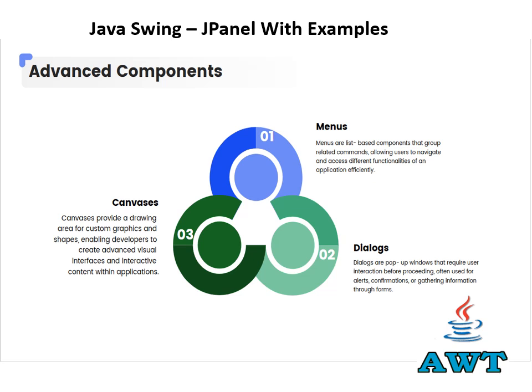Dialogues are pop-up windows that require user interaction before proceeding, often used for alert confirmations or gathering information through forms. Canvases provide a drawing area for custom graphics and shapes, enabling developers to create advanced visual interfaces and interactive content within the application.